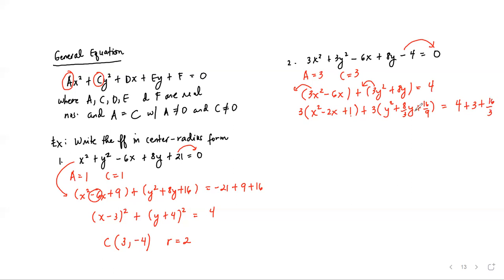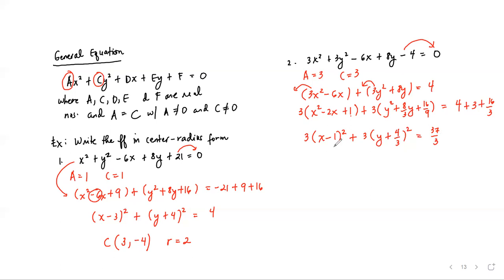So factoring these perfect square trinomials, we get 3 times the quantity of x minus 1 squared plus 3 times the quantity of y plus 4 over 3 quantity squared. And then adding the following, we have 7 plus 16 over 3, which is 37 over 3.